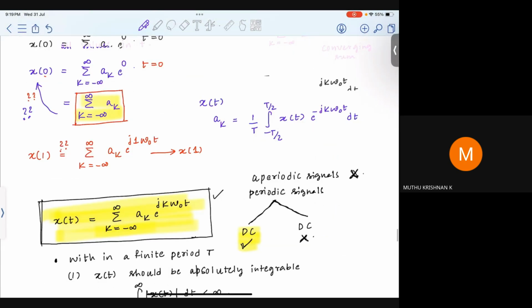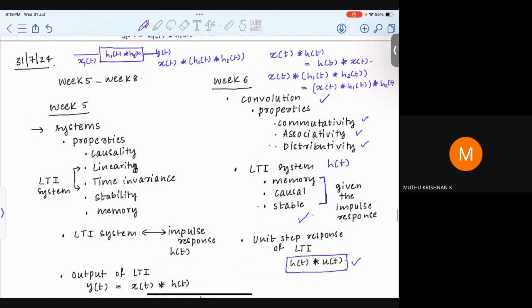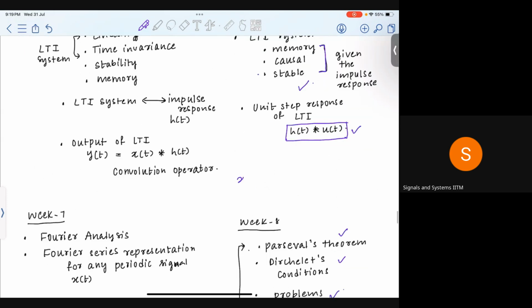And ma'am, in convolution, is changing the position of the t, the minus t, the same? Will it change the equation? You are asking me, x of t convolved with h of t, and now you are asking me x of minus t convolved with h of t, right?